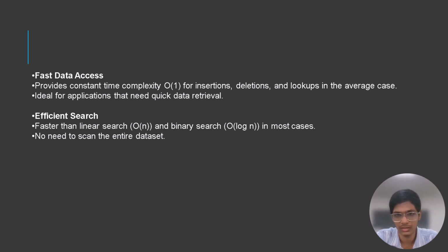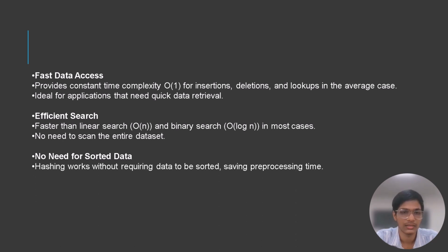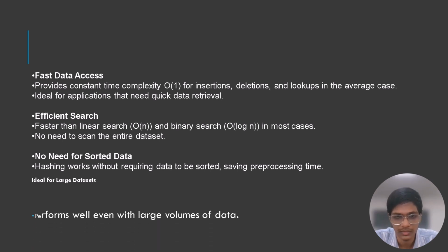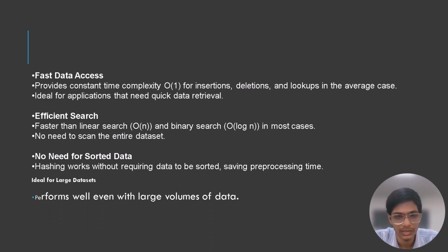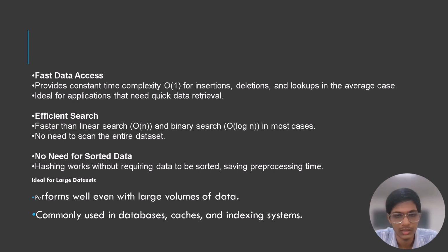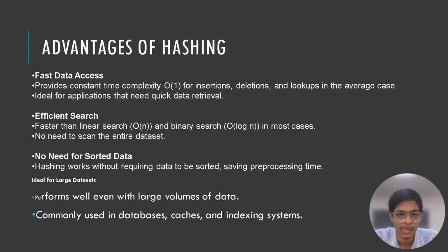There is also no need for sorted data, since hashing works without requiring the data to be sorted, saving pre-processing time. It is ideal for large data sets and performs well even with large volumes of data, commonly used in databases, caches, and indexing systems.